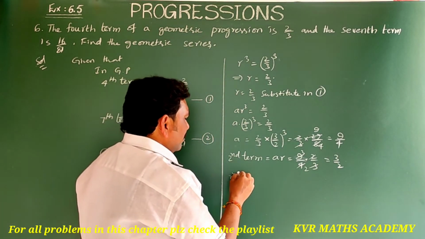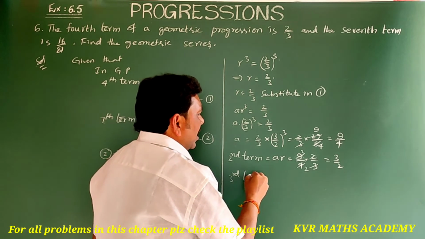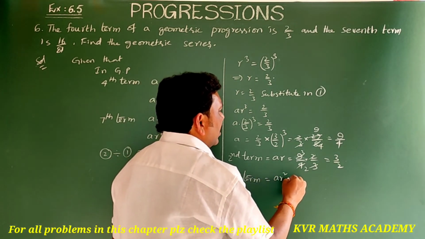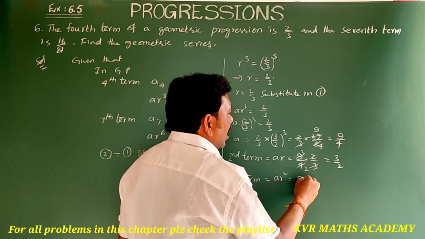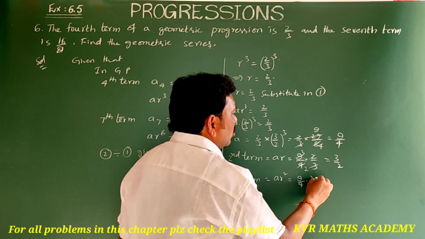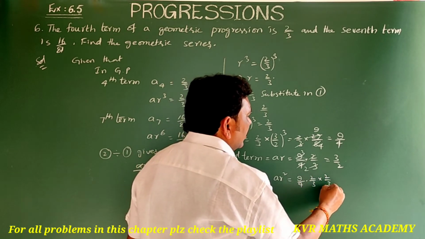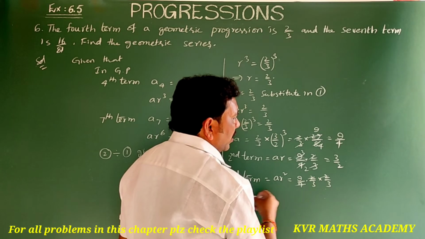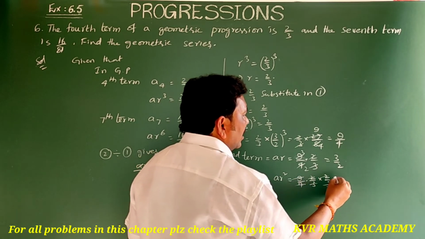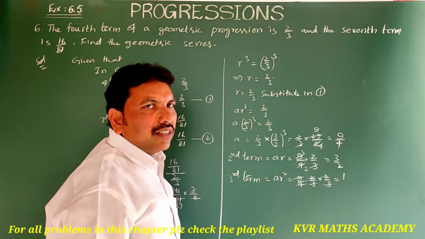Next, third term is equal to a r square, that is equal to 9 by 4 into r square, means 2 by 3 into 2 by 3. See, 2 2s are 4, 4 gets cancelled, 3 3s are 9, 9 gets cancelled. So the answer is 1.